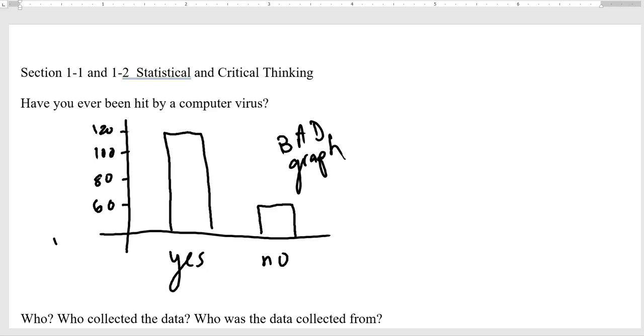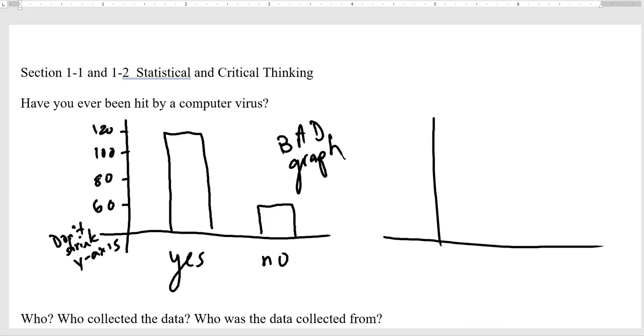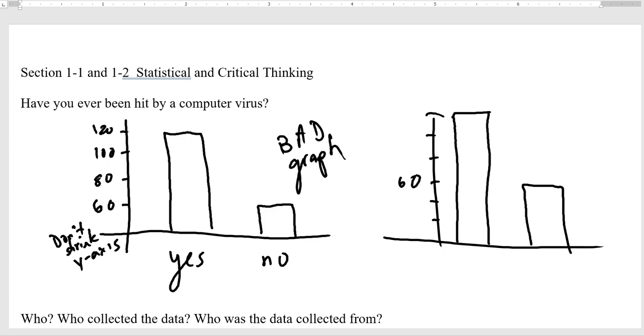You don't shrink the y-axis. If I did 20, 40, 60 and made that not that high, then 80, 100, 120 and made that one that high, yeah, it's still bigger, but it doesn't look nearly as large, does it?